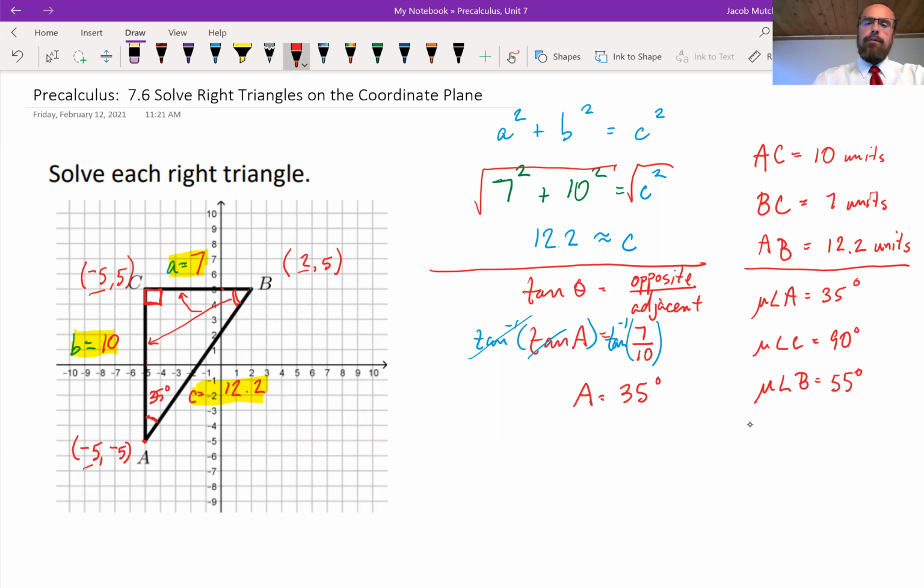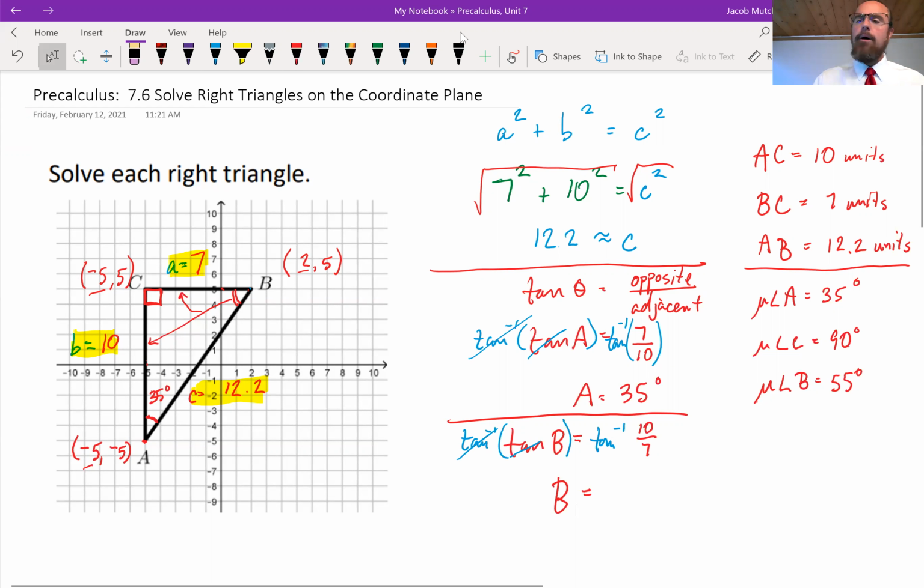But for this one, if we set it up tangent of B, the opposite side for angle B is going to have the measure of 10. So notice the fraction is the reciprocal here. So tangent of B equals 10 over 7. And once I've got the setup, I'll apply inverse tangent to cancel the tangent function on the left. And we end up with this statement that B is equal to the inverse tangent of 10 over 7.